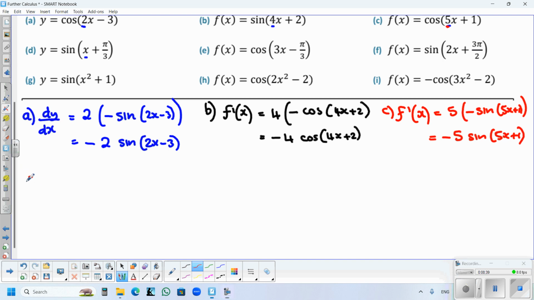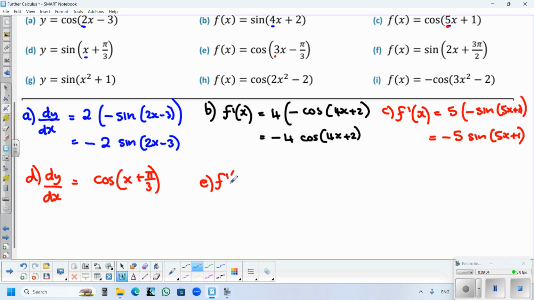Next one, part D. We've got y is equal to sine, and in the bracket, the number in front of sine is just a 1. So what we do is we write our dy by dx, and the derivative of sine is cos, so it becomes cos, and it's going to be x plus pi over 3. The next one, part E. The only important thing here is the number in front of your x again, irrelevant what this last bit is.